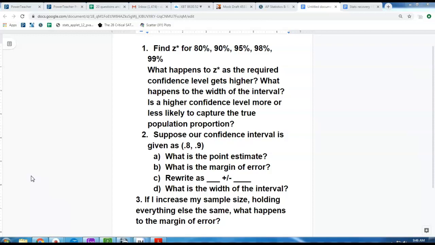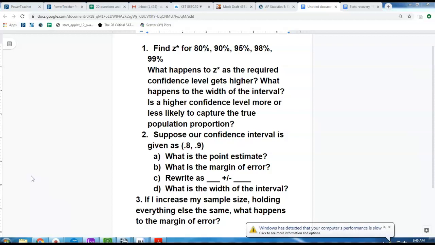So, again, this is the inverse norm 1.8 divided by 2, inverse norm 1.9 divided by 2, inverse norm 1.95 divided by 2. And so what happens to Z star as the confidence level gets bigger? It also gets bigger, right? And so that means that this number is getting bigger. And if this number gets bigger, since it's being multiplied by this, what happens to your margin of error?